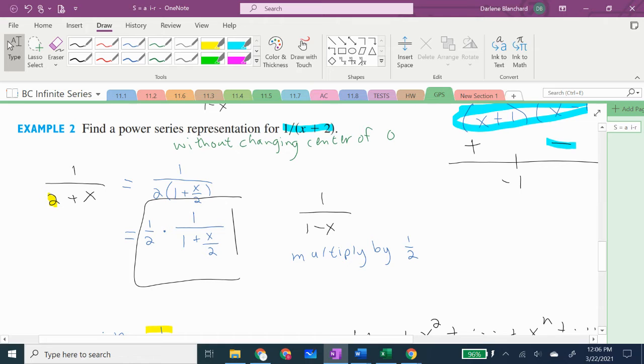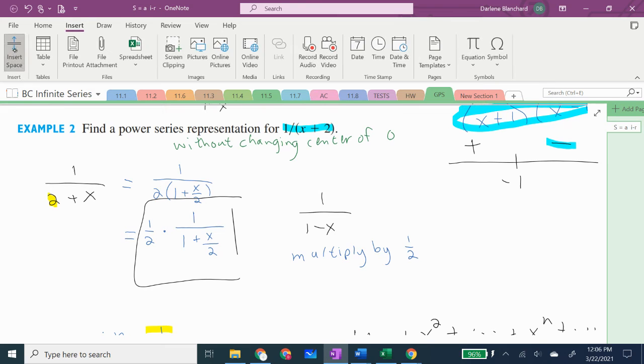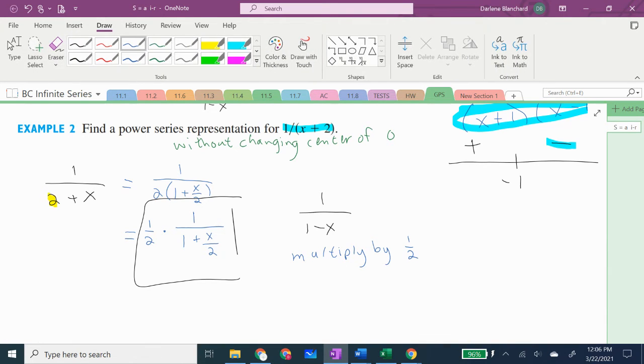And yes, and then how do you make it? I'm going to insert some space carefully. I'm not going to go overboard. It didn't like it when I went overboard before. So if I'm multiplying by 1/2, this is what I now have. And then what can I do next to turn it in?